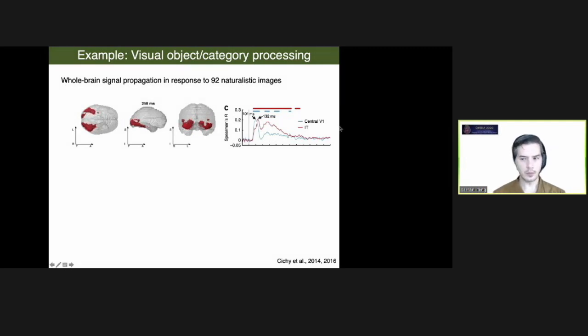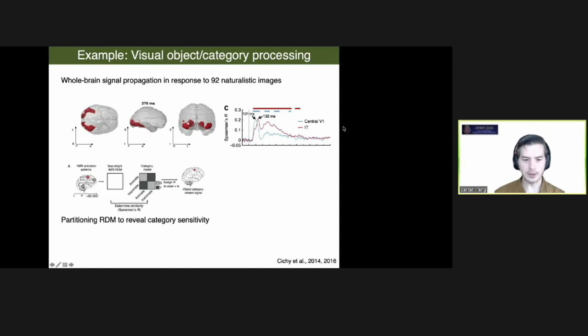Okay, so that's well and good, but one other thing you can do with the RSA format is that, remember, you have a large condition set, right? And the condition set spans a range of categories. However well you curate it, you can interrogate that structure. And the way that's operationalized here in this little figure is that you don't just have this agnostic RDM for your searchlight. You have something that, in this case, distinguishes between half the stimuli, which were animate objects, and half that were inanimate.